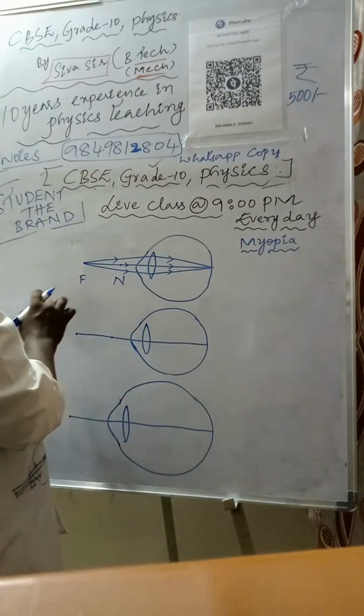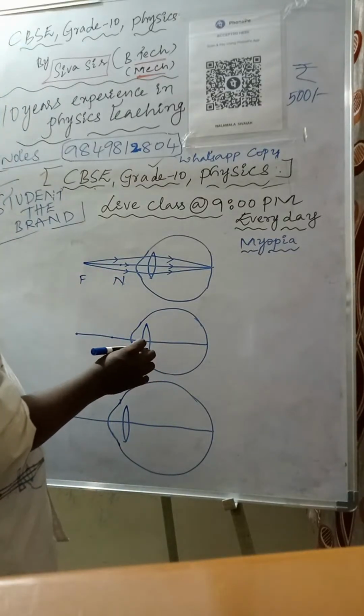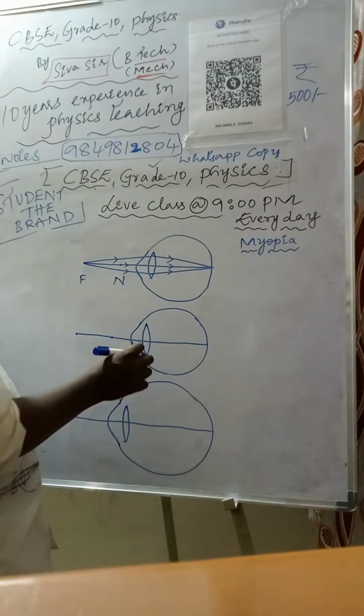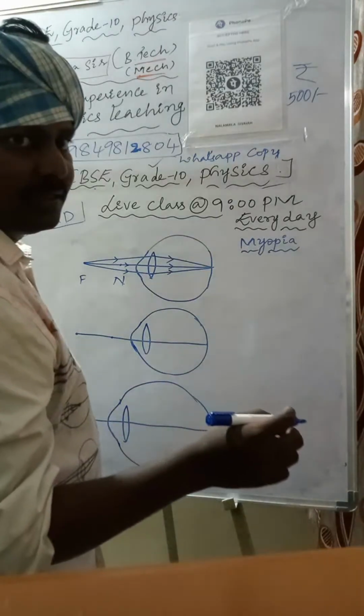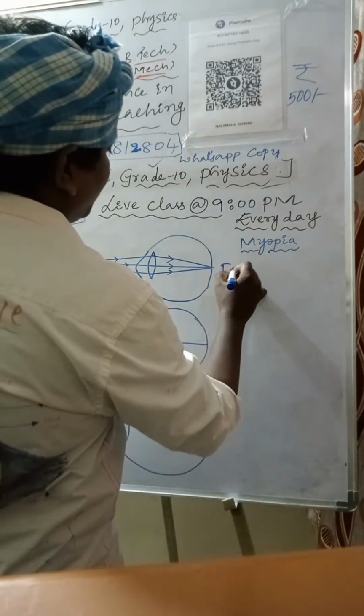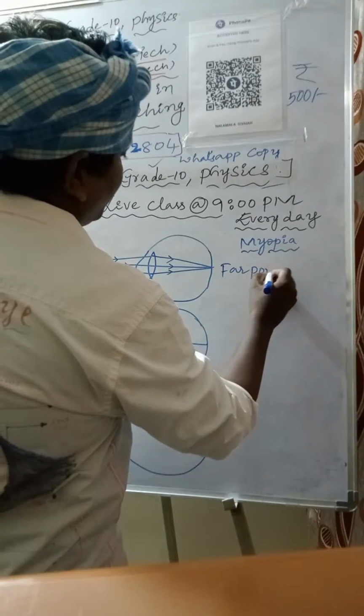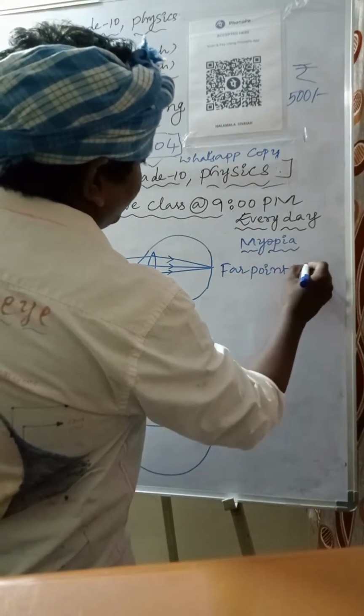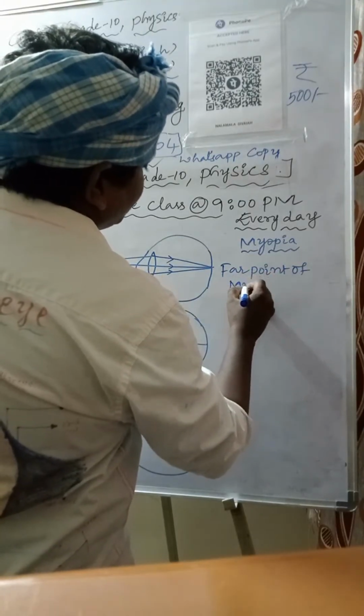So near point and far point, and this is the far point of the myopic eye.